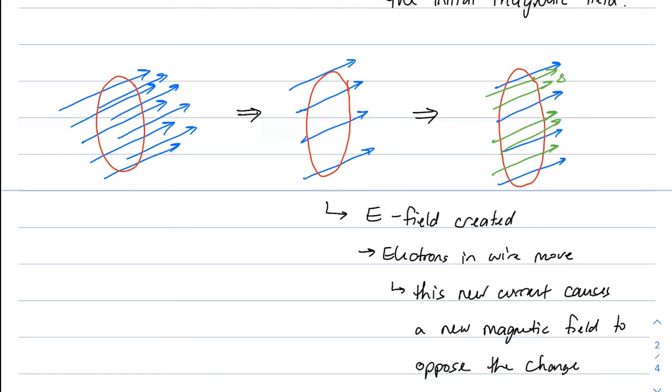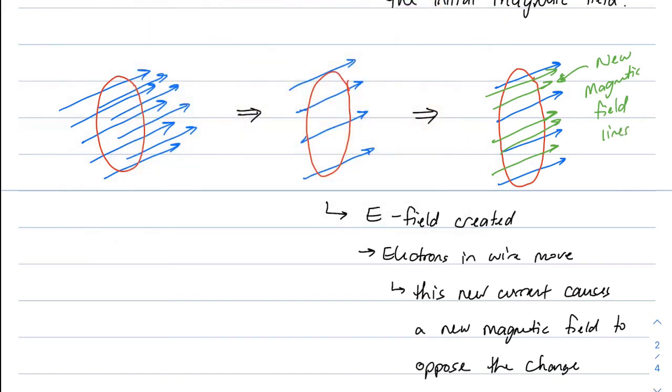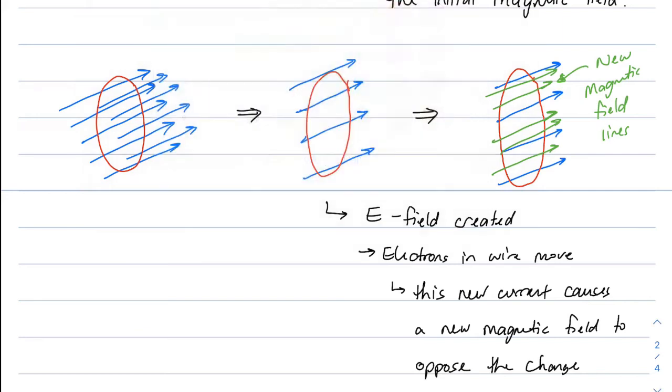So these green guys right here are the new magnetic field lines. And they are created because I have this current going around this loop of wire that is creating that new magnetic field line.